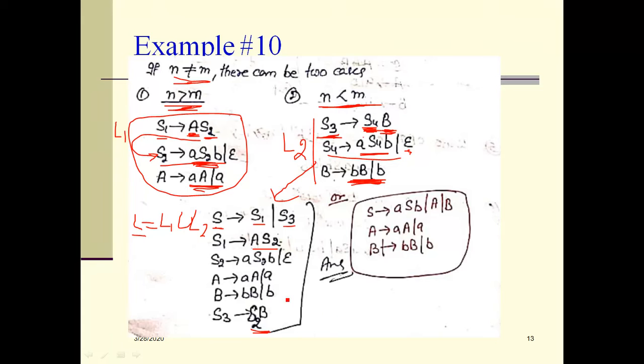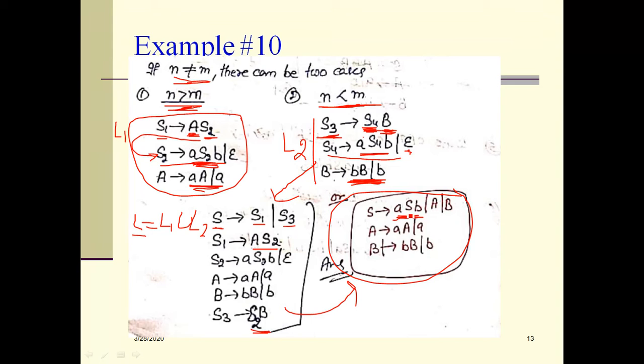Or if you are comfortable in writing grammars, you will solve many problems, then you will realize that this grammar is also generating the same language. See, from A you are generating an equal number of A and B, right?